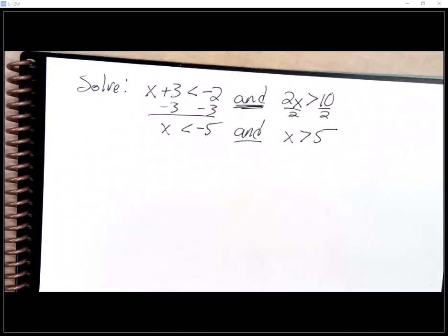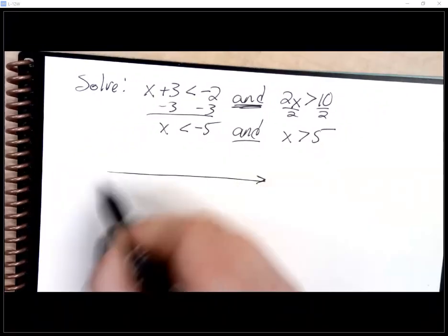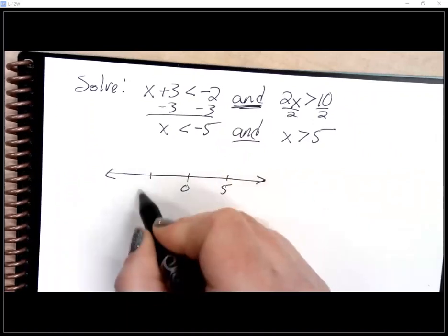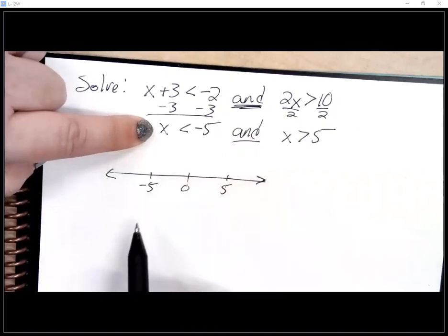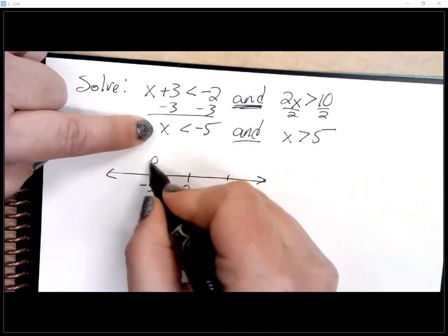If you try and graph this, right? If I actually take the time, let me graph them. I'll do them all on the same line. That might be helpful. So here's a +5, here's a -5. If I'm going to graph this one, I would want the numbers that are less than -5. That would be those.